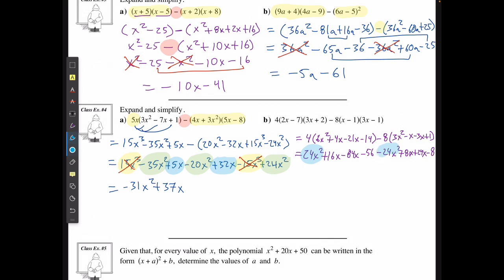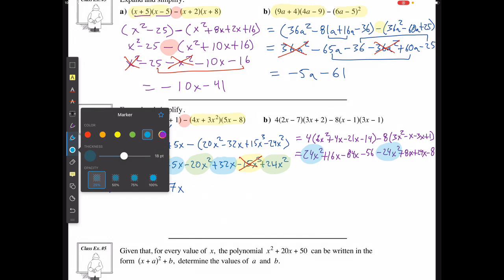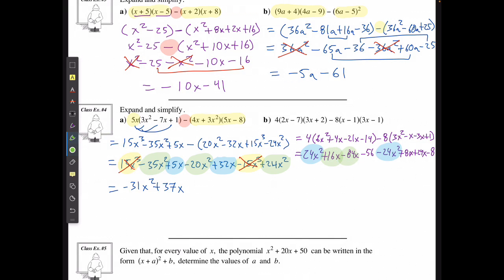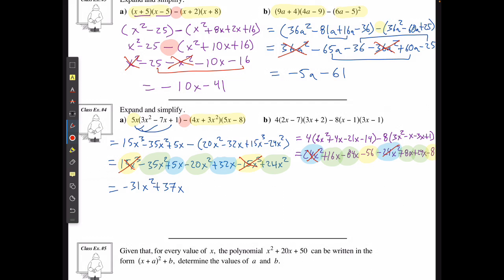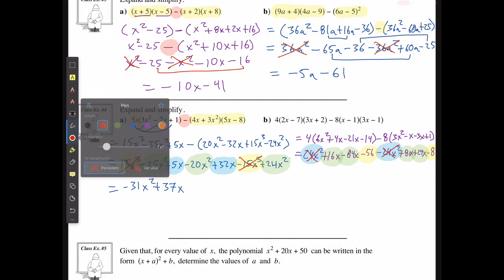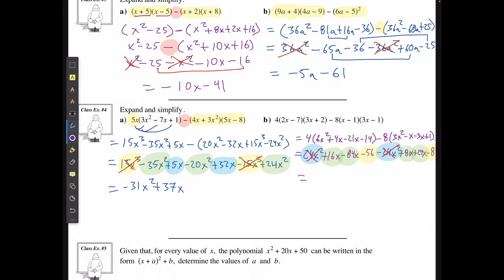I have my x squared, I have my x squared, I have my x's, and I have my constants. I combine the like terms. The x squareds will cancel each other out. And then I'm just left with negative 36x and negative 64.